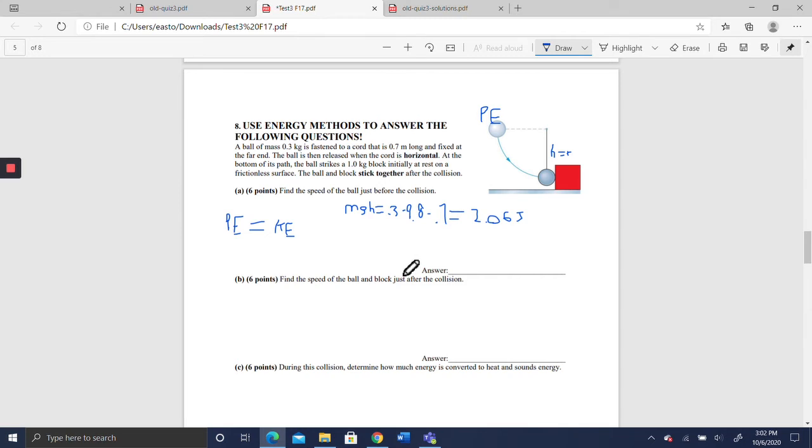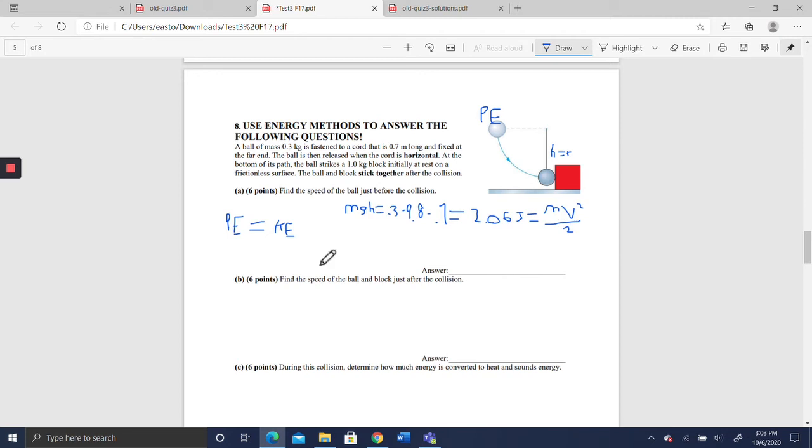And after that, we just want to set this equal to our kinetic energy. So this is our potential energy. We set it equal to our kinetic energy. Our kinetic energy is mv squared over 2. So we just plug in our values for that. This is mass just for the ball, because the block hasn't come into play yet.